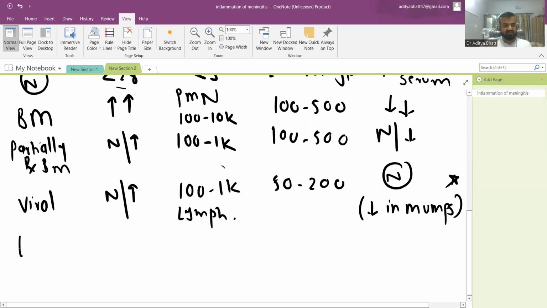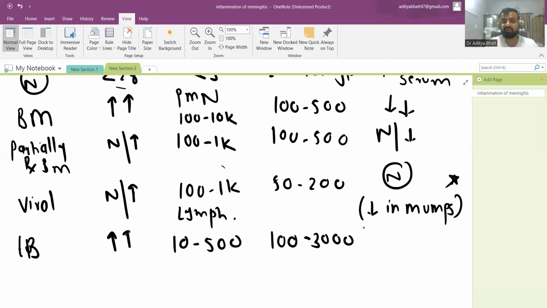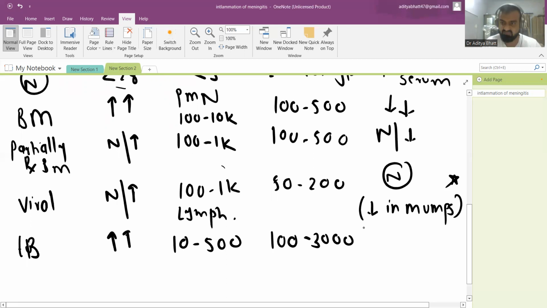Now for tuberculous meningitis, the pressure is elevated and there are 10 to 500 cells. Again, they are mononuclear, and the protein may be as high as 3000. What happens in tubercular meningitis is many patients develop hydrocephalus due to so much protein blocking the ventricular outflow.